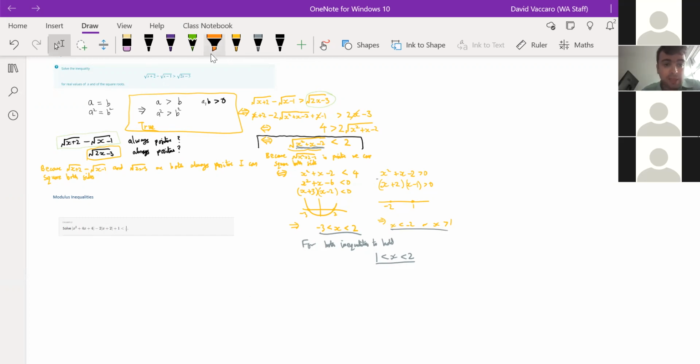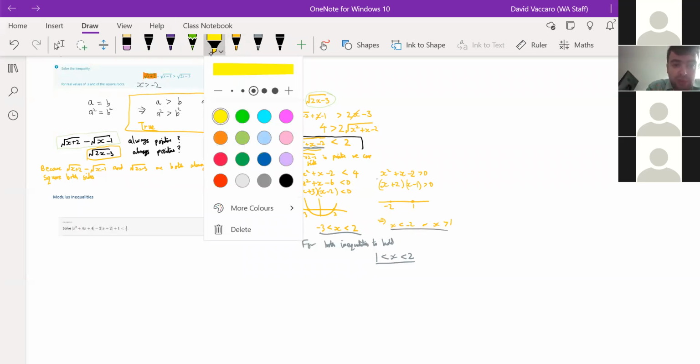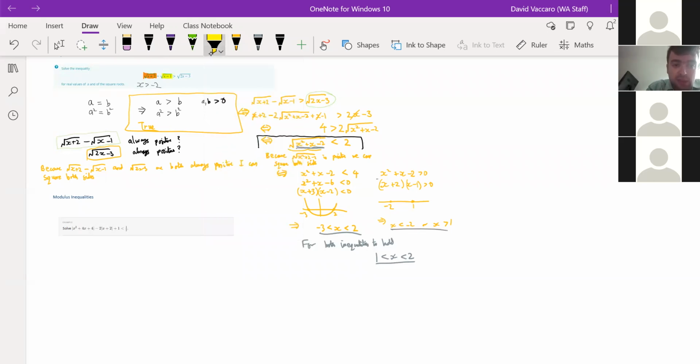Well, let's look back at these original square roots. For this square root to make sense, x plus 2 needs to be positive, so x needs to be bigger than -2. For this square root to make sense, x needs to be bigger than 1. But for this square root to make sense, x needs to be bigger than 3/2.